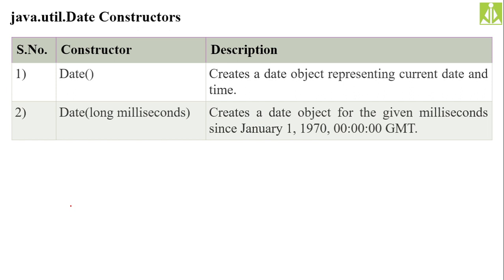If you want a specific date, unlike the current date or today's date, to be handled with the help of this date class object, then you have to specify the time in terms of milliseconds, and that time starts from 1970 January 1st at midnight. From that point onwards, the date will start. So whatever date you want, from that point you have to give the time calculation in milliseconds, so it will create a date class object for you, whatever desired date you want.